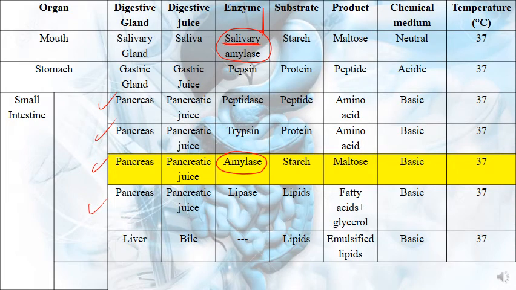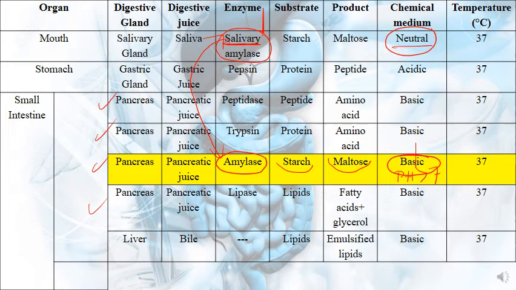The medium here is neutral, while the amylase found in the pancreas also works on starch and gives maltose, the same, but the medium is basic, meaning that the pH is greater than 7. So both of them have the same function, but the difference is that for salivary amylase the medium is neutral, so pH is equal to 7.